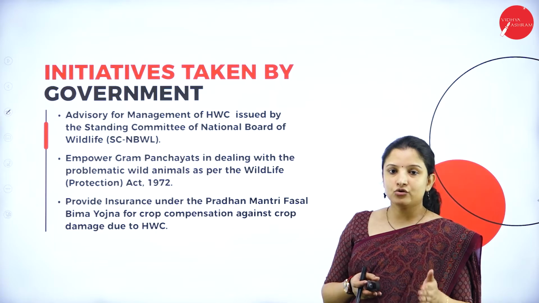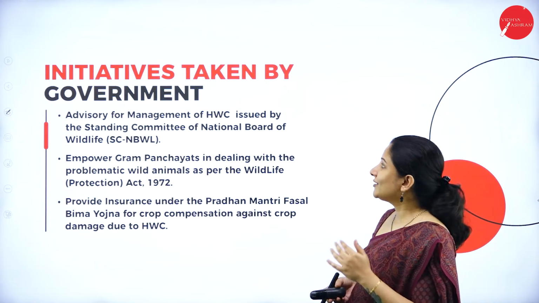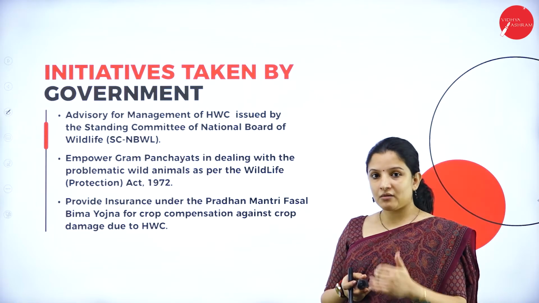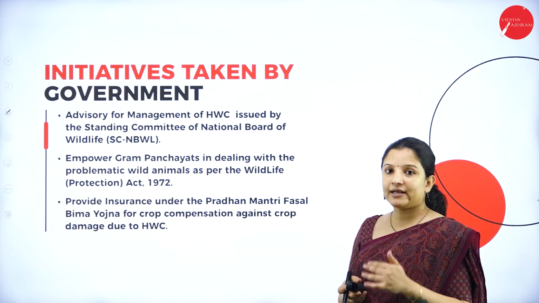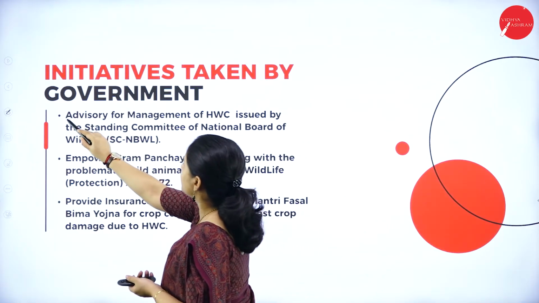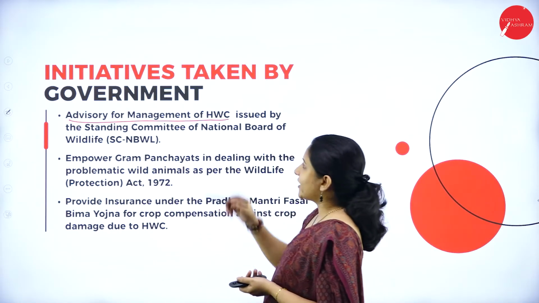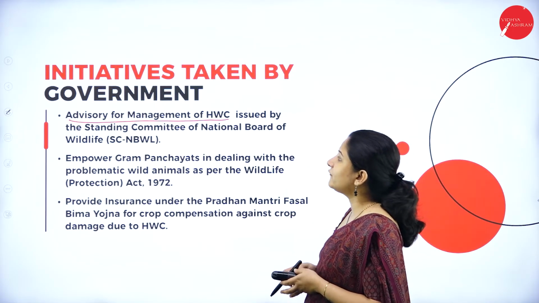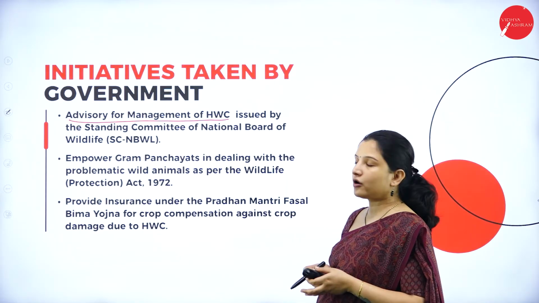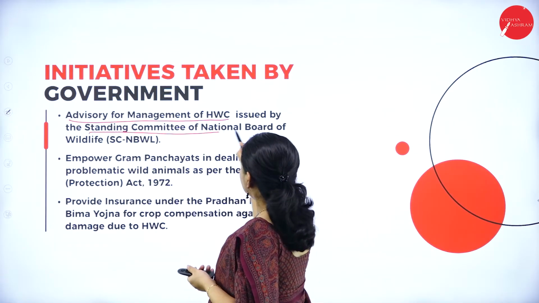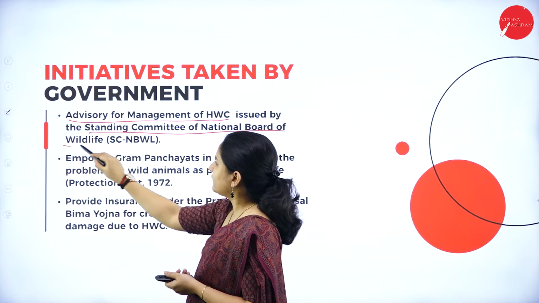Next, let's look into what initiatives have been taken by the government in India to minimize or prevent human-wildlife conflict. First, the advisory for management of human-wildlife conflict. HWC is human-wildlife conflict. This advisory was issued by the Standing Committee of the National Board of Wildlife.